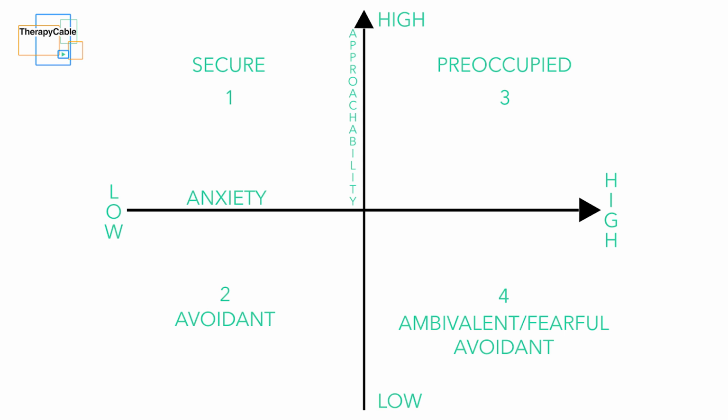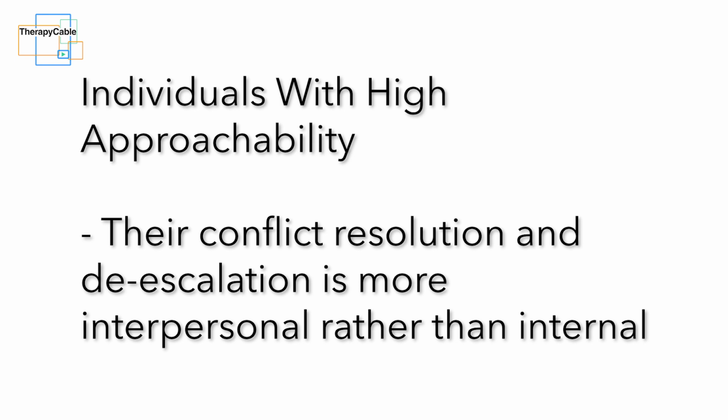They are trying to stay away and de-escalate, but their way of de-escalation is more internal and individual rather than interpersonal, whereas individuals on the high end of the approachability scale, their conflict resolution and de-escalation is more interpersonal rather than internal and intrapersonal.